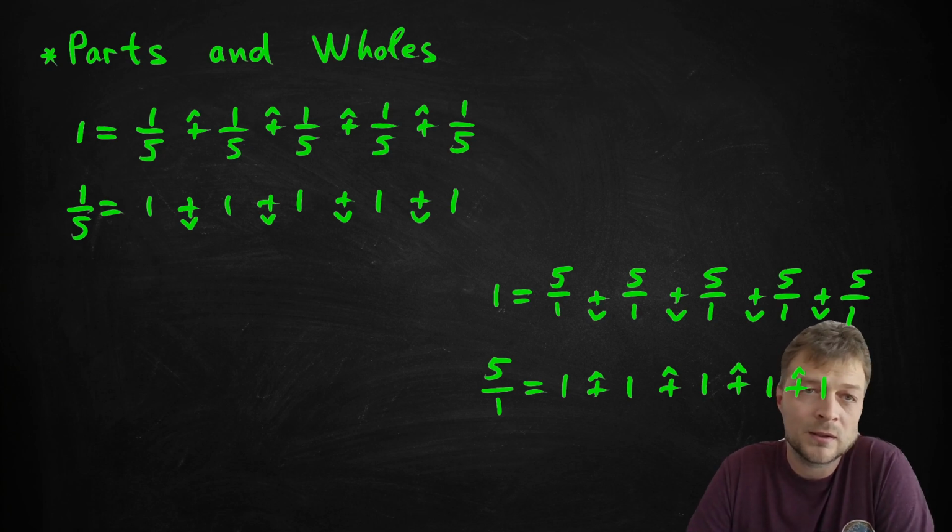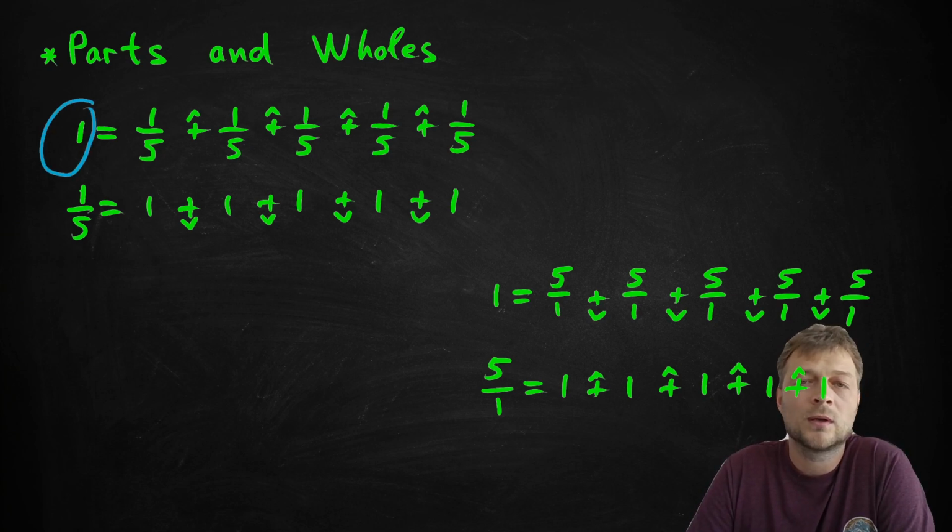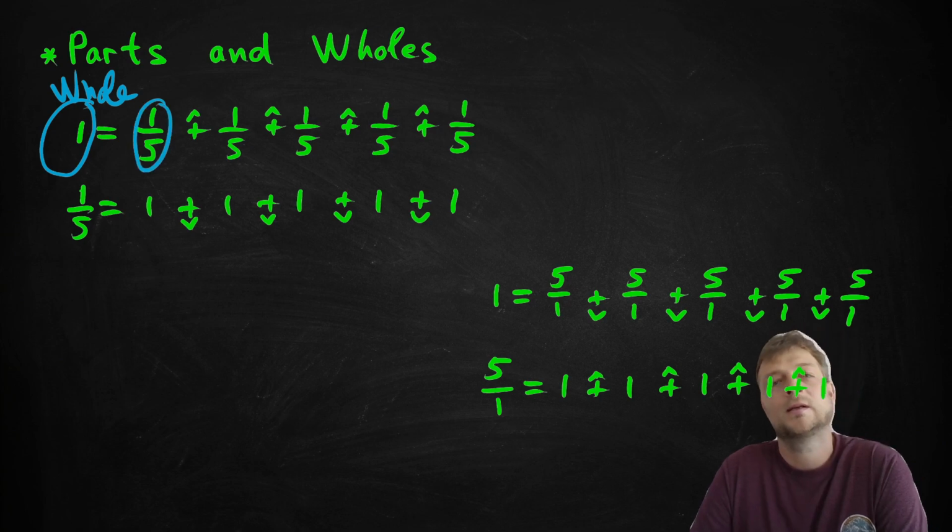So here 1 is equal to 5 components that are summed up together. So 1 is a whole here, and it consists of 1/5, right? So 1/5 is a part, or in other words a fraction.